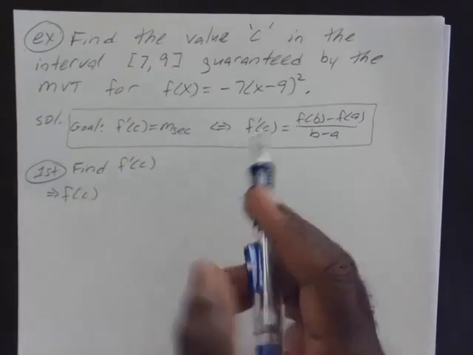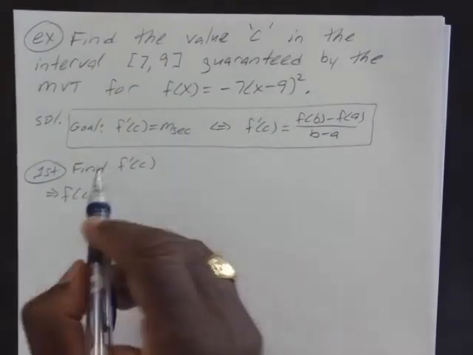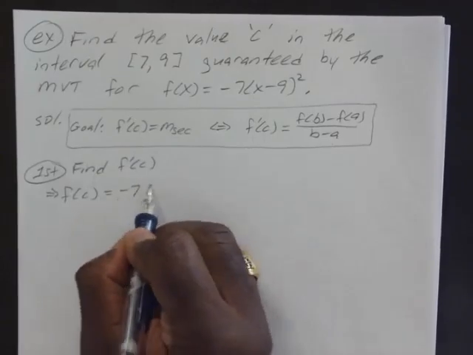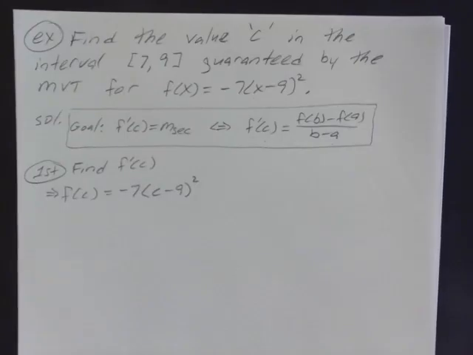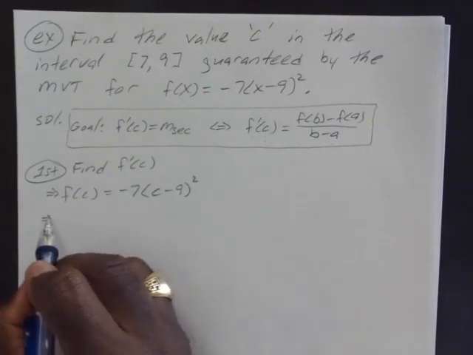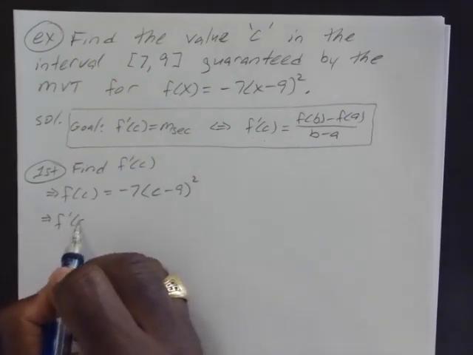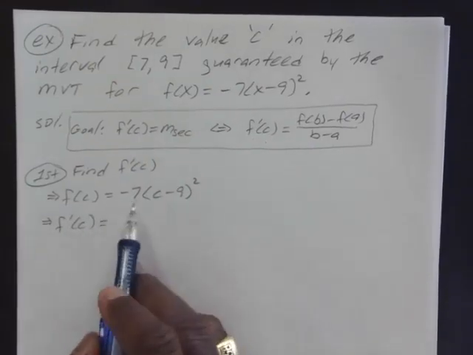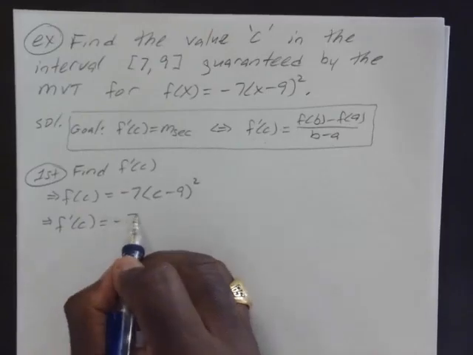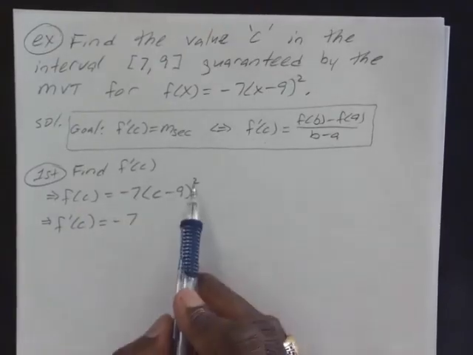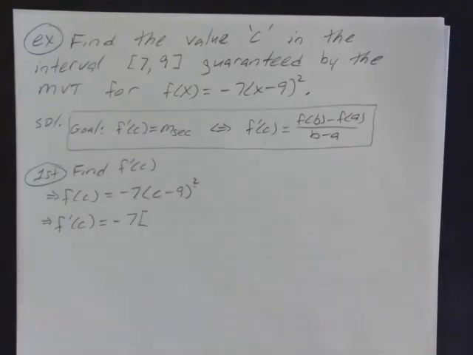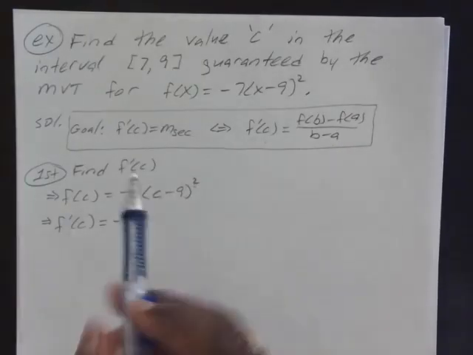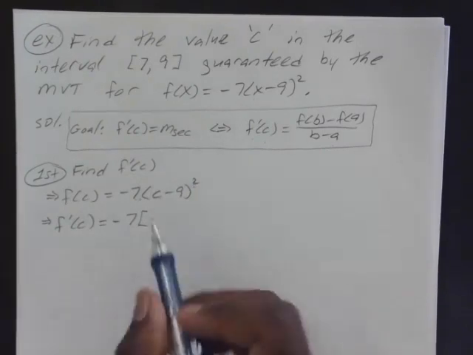So for f of c, we're just going to replace x with c. So it's -7 times c minus 9 squared. Well, to find f prime of c, we just factor out that -7 and find the derivative of c minus 9 squared. So using the chain rule, we're going to bring down the 2.